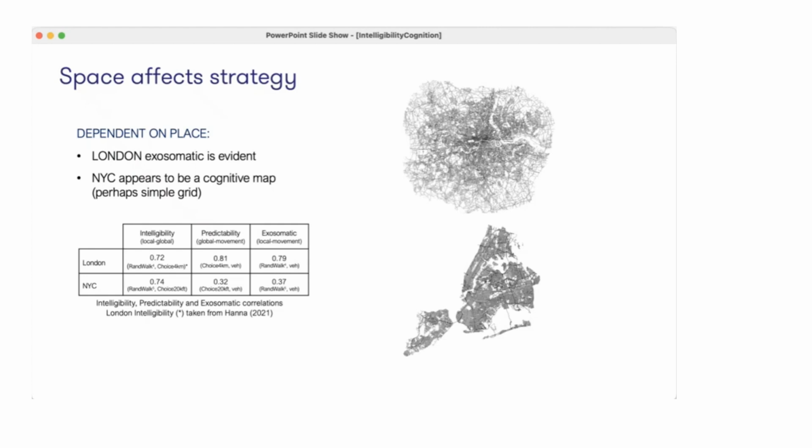New York, on the other hand, is also very intelligible, but the actual movement observed doesn't seem to correspond with the sort of local decisions by the agents. This is possibly because of the clear grid in New York. We have another strategy. It's easy to form a cognitive map of the grid, easy to use that to locate ourselves and to plan routes. So in London, we lean toward the axiomatic, and in New York, we can lean toward this quite straightforward cognitive map.